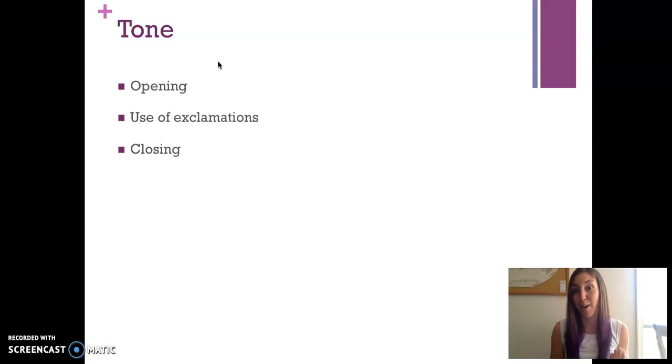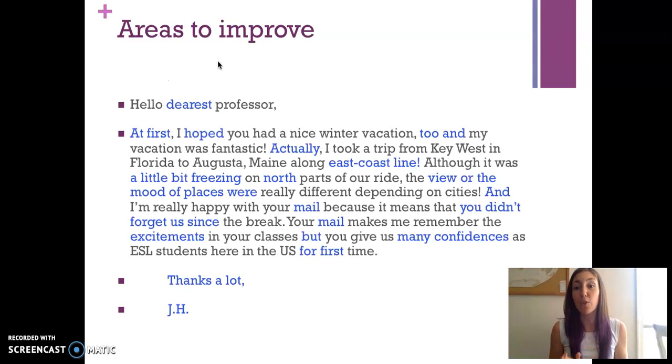I'll go through after I've written an email, and if I see that I have 5 exclamation points, I take some of them out because it's a little bit too much. For your friends, it's fine. For an instructor, not so much. And then the closing, just like with the opening, I would recommend using your full name instead of just your initials. And thanks a lot is okay, but it can sound a little bit sarcastic.